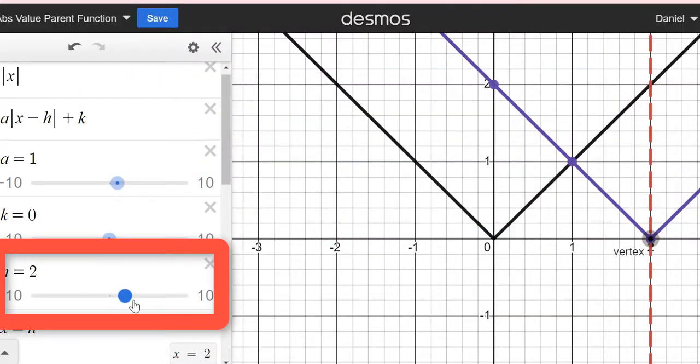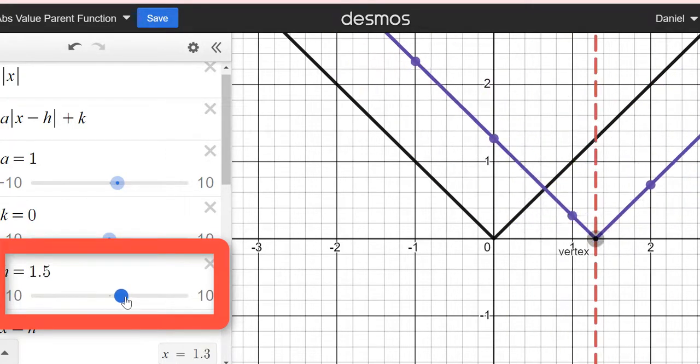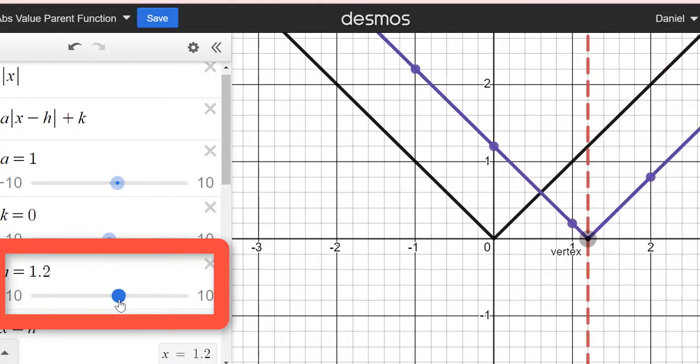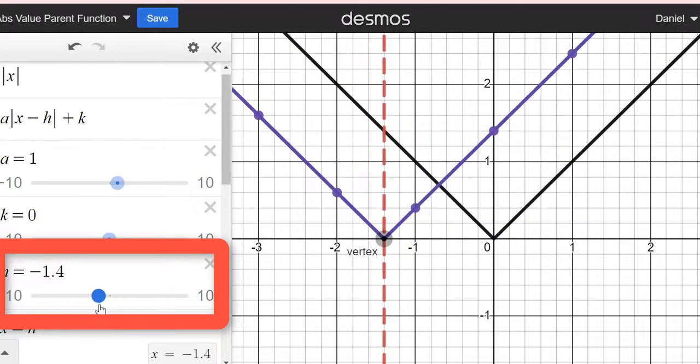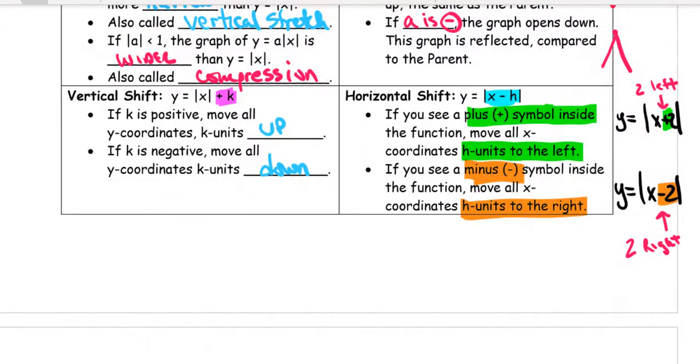You'll see that as you play with these. If I make that h value 2, notice how that piece moved over to the right. Now when the h value is negative, that's when we move over to the left, which is kind of confusing, right? Because the h value says negative 1.8, but when you see a minus symbol inside the function, you're going to move to the right, and when you see a plus sign, you move to the left.